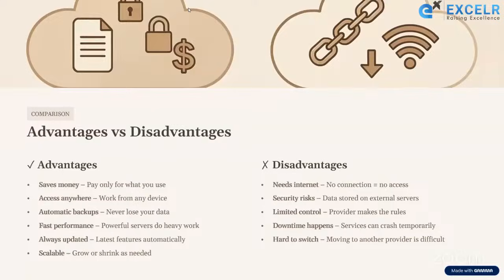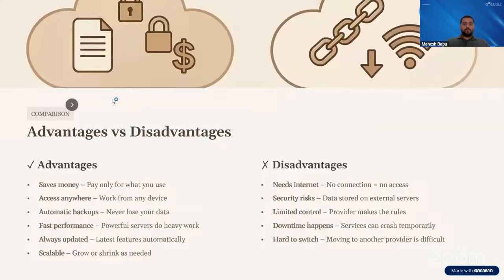Any other things, participants, that contribute to the advantages of cloud computing? Yes, automatic backup and recovery, which we have already discussed, because we mainly use the cloud platform especially for backups, giving the highest priority to backup and recovery aspects, which is very, very important.